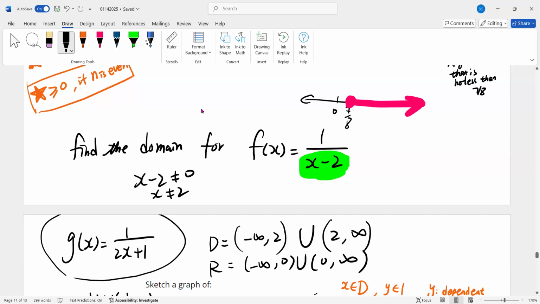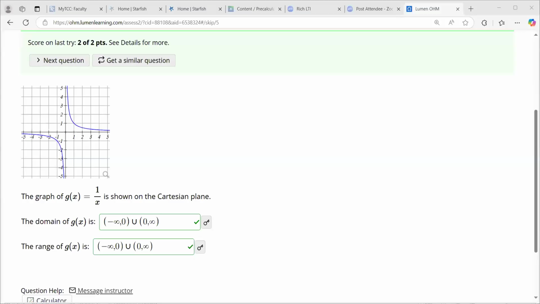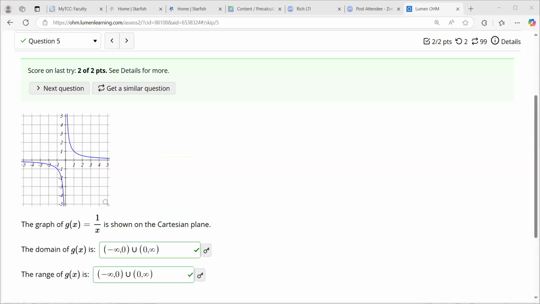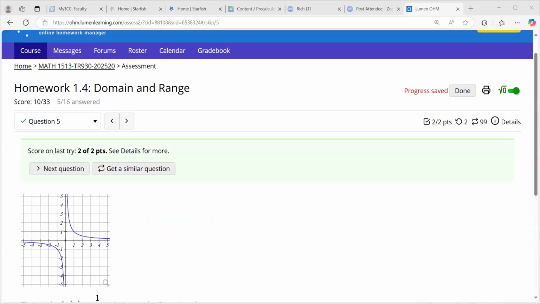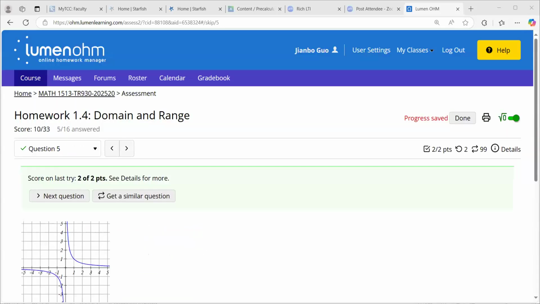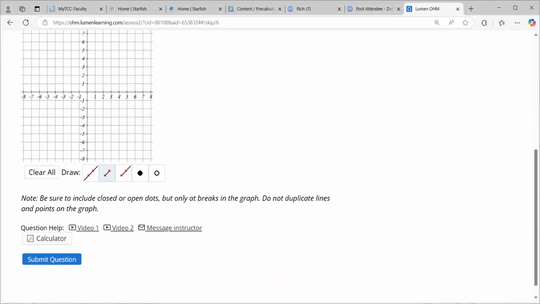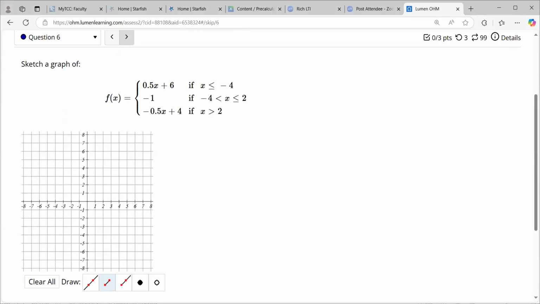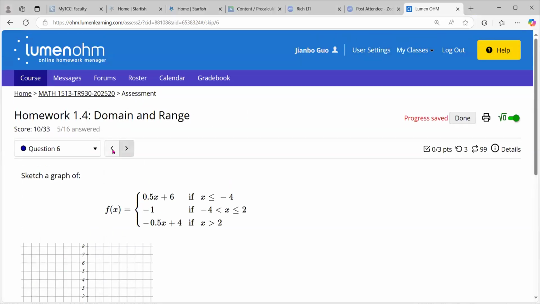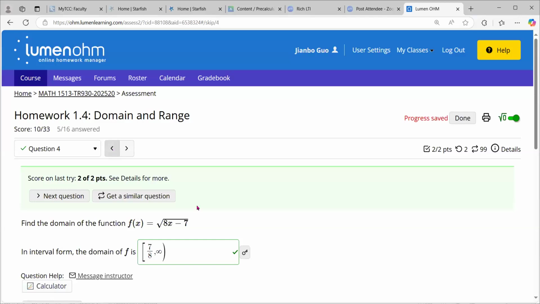How about we go to Lumen. This is Lumen. Are you practicing in Lumen? Yes. Yeah, these will be the problems you will see, because they are from the same question bank, from the same pool.